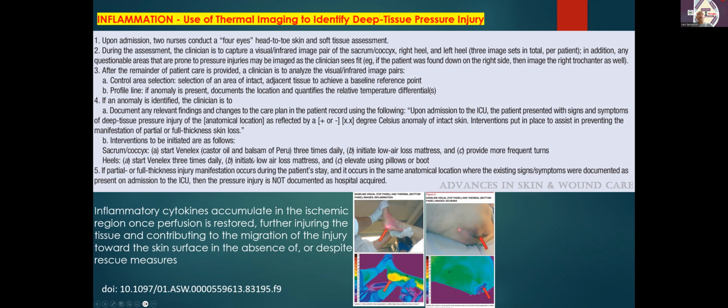If in the same anatomical location future ulcers happen, we have documentation showing that pressure changes were present at the time of admission.